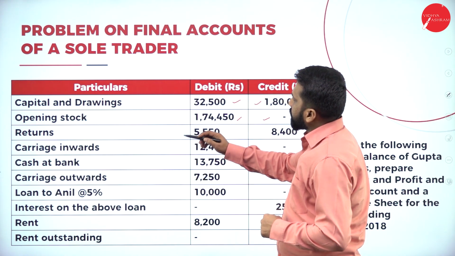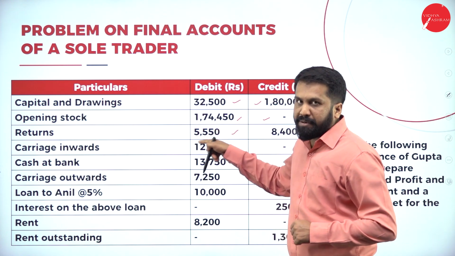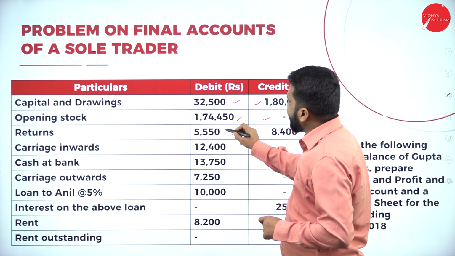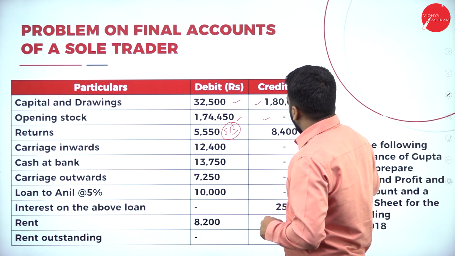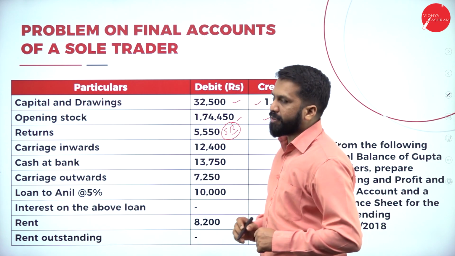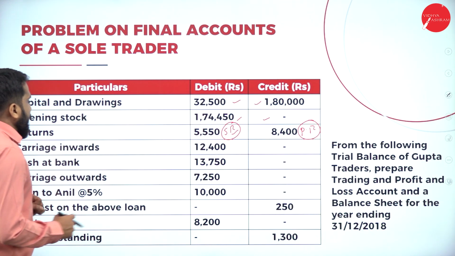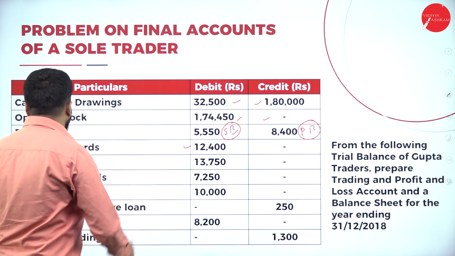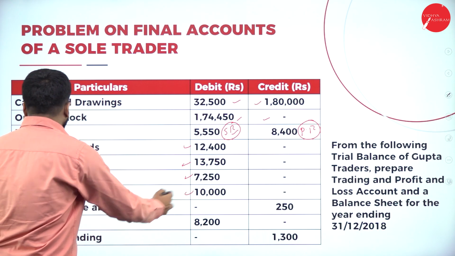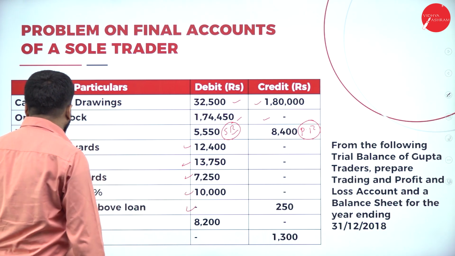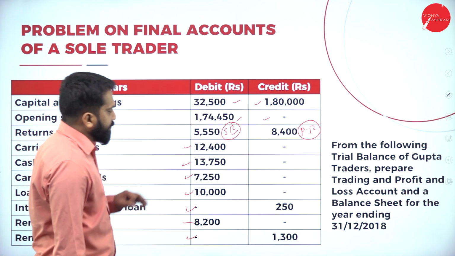Now, returns, remember: whatever is given in the debit side, we call it sales return. Whatever is given in the credit side, we call it purchase return. Next, your carriage inward, cash at bank, carriage, loan, interest on the above loan, and rent outstanding.